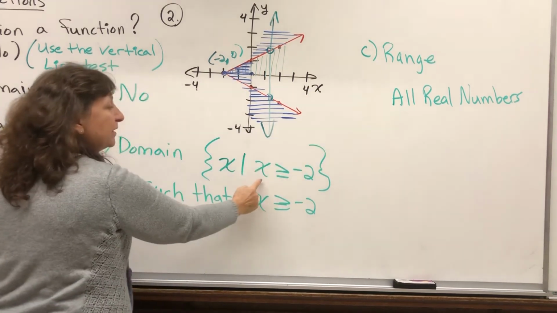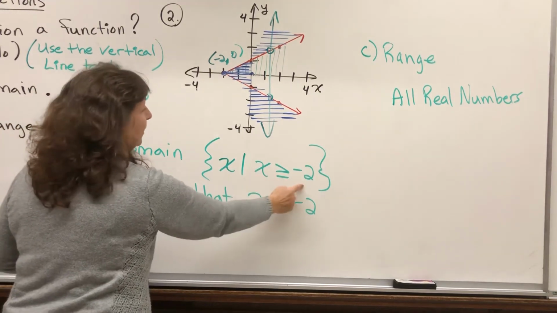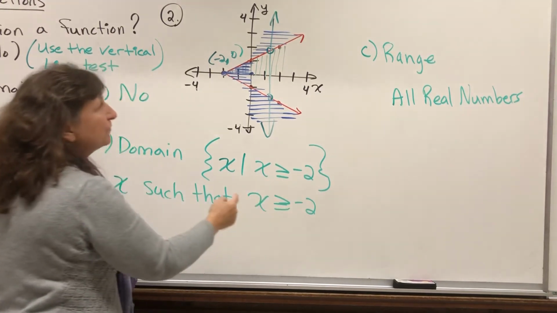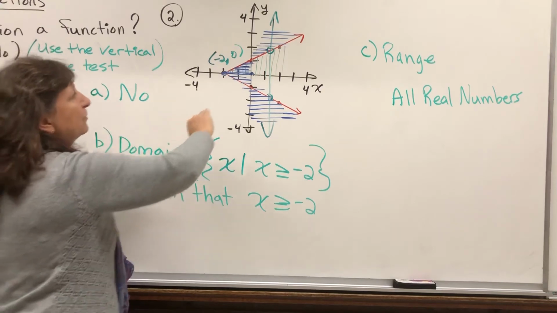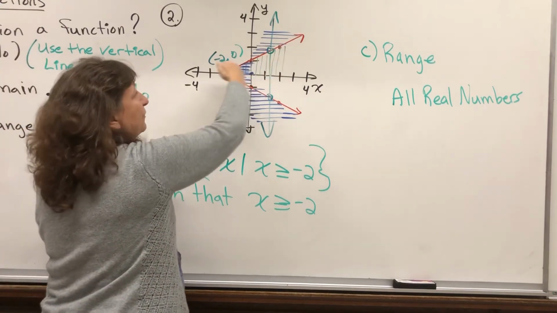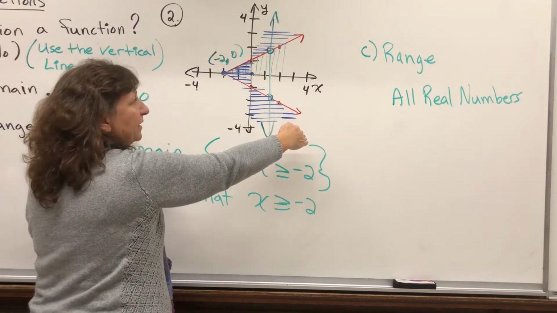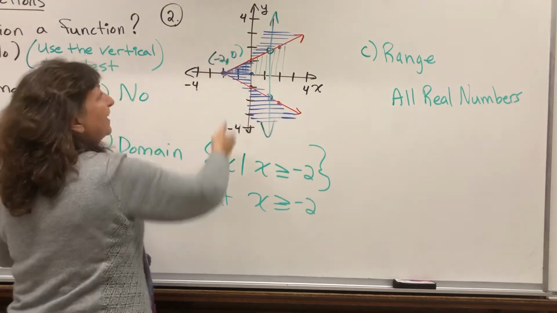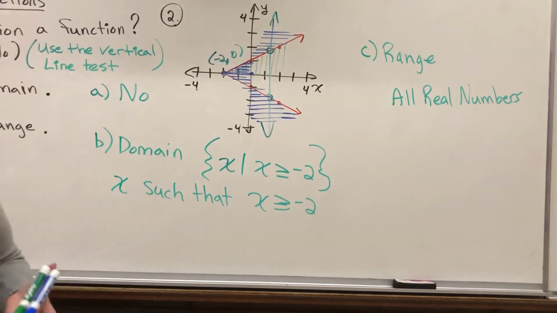So it's all real numbers that are greater than or equal to -2. And as far as the range, because the range is here and it goes up to infinity and down to infinity, it includes the entire y-axis. That's why it's all real numbers.